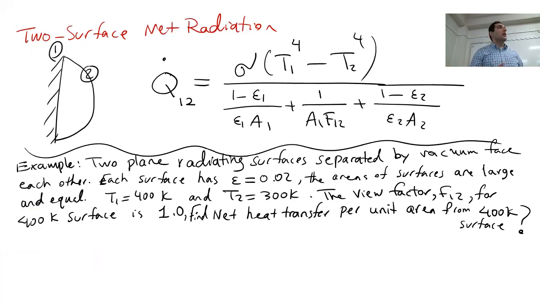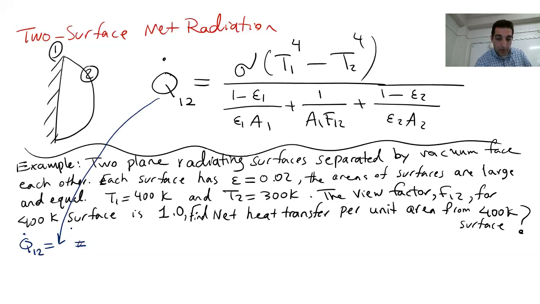For more complex ones, you have to draw. So Q dot between the two surfaces is sigma T1^4 minus T2^4 divided by three resistances added together.